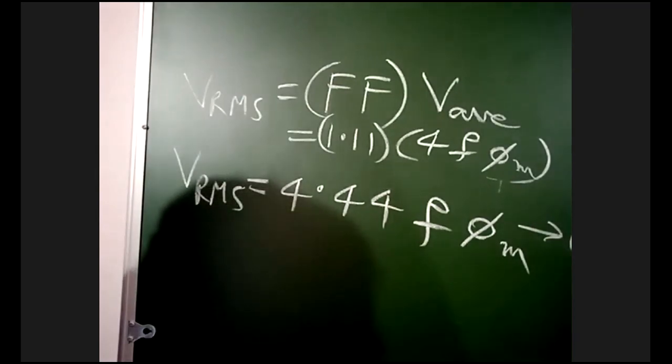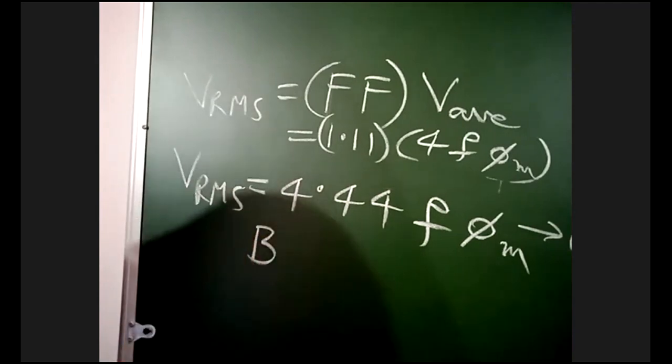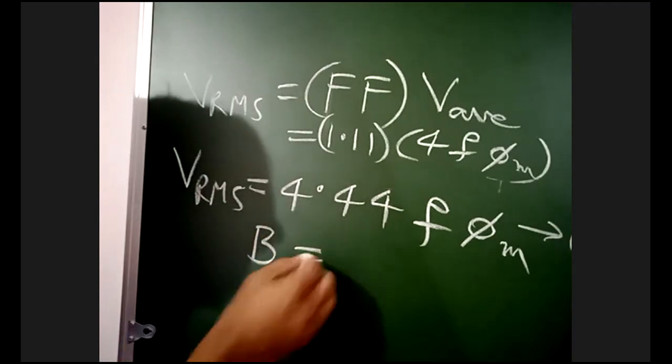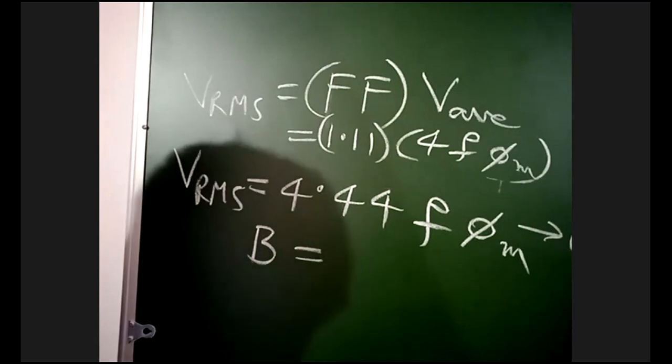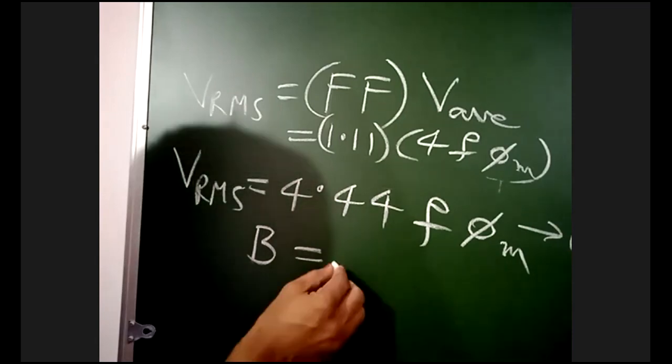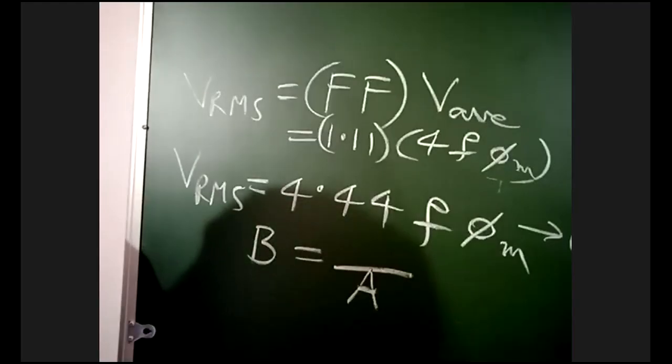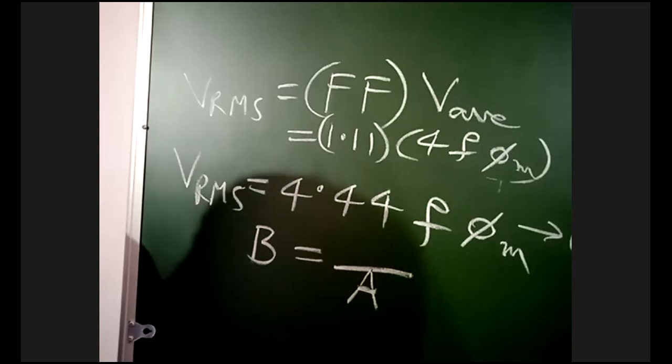Now I'll tell one formula here. In a magnetic field, what is the formula for flux density? What do you mean by density? Divided by area.